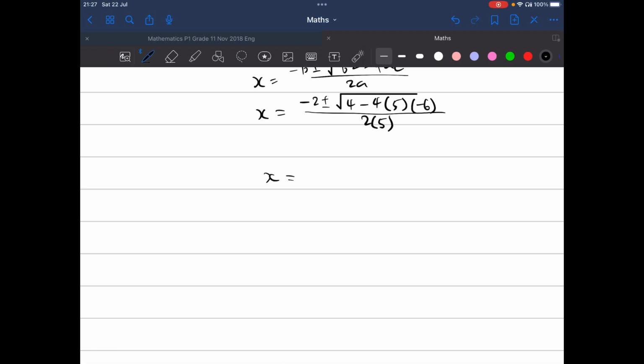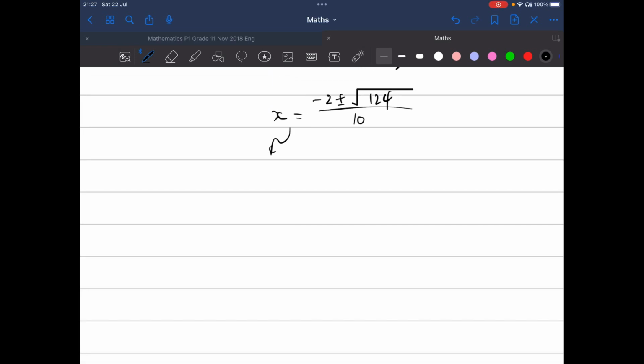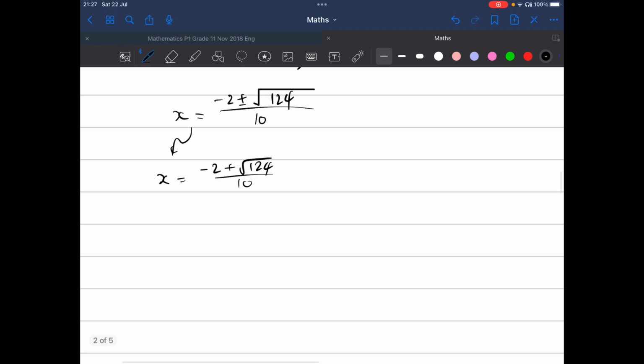Okay, let's simplify that a bit. So I'll have minus 2 plus or minus the root of, and now I'm just going to put all of that into my calculator. So I'll say 4 minus 4 times 5 times minus 6, and that gives us 124, over 10. Okay, now I can split this up. So I can say x is equal to minus 2 plus the root of 124 over 10, or x is equal to minus 2 minus the root of 124 over 10.